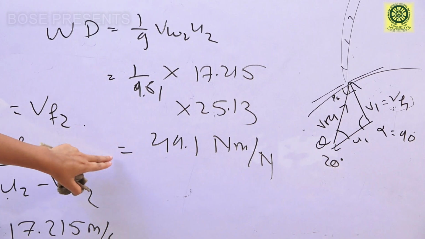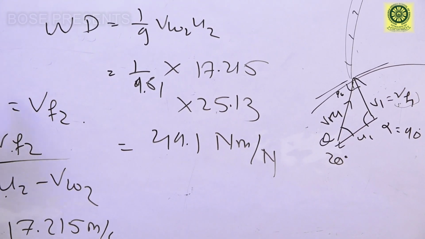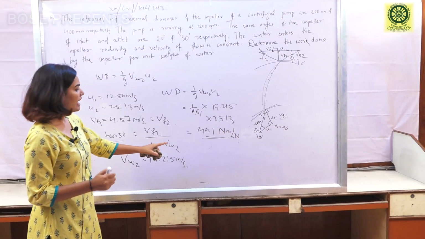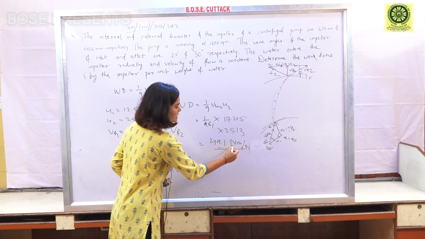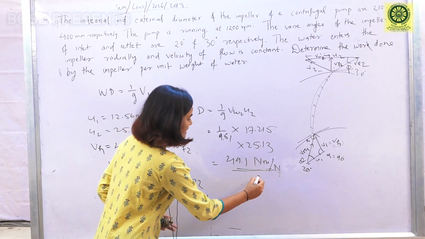This is the work done by the impeller per unit weight of the liquid per second. So this is the final answer we will get. And if you say the unit, it is meter per Newton, or else we can also write it as meter.